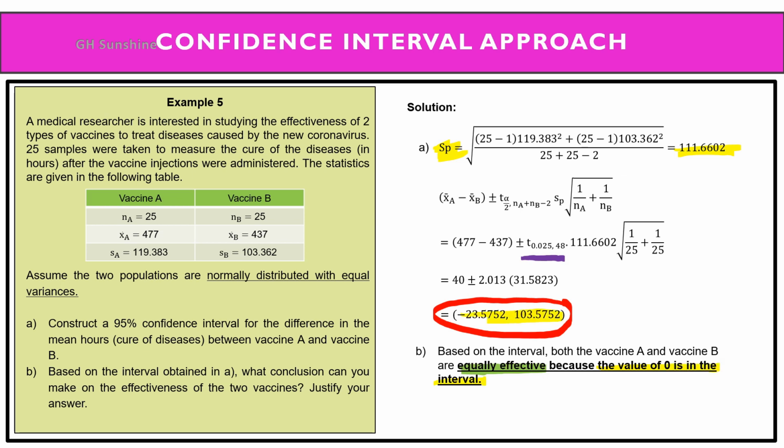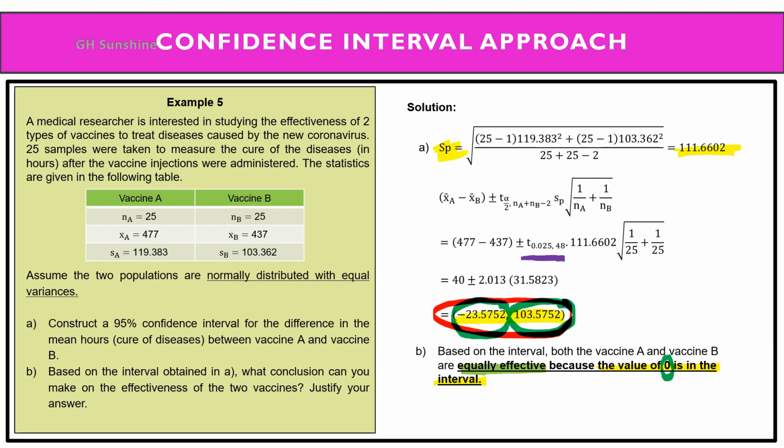The lower bound is a negative value and the upper bound is a positive value, so for sure, 0 is in the interval.